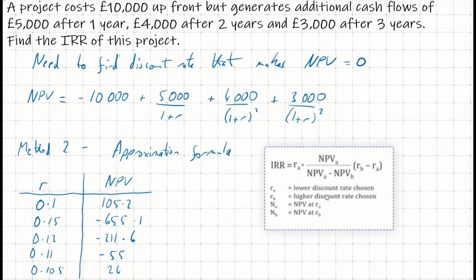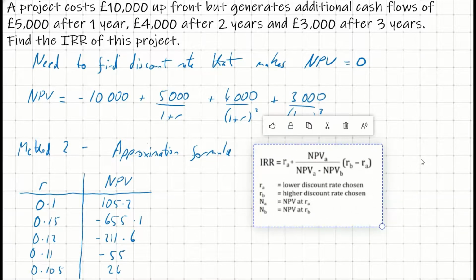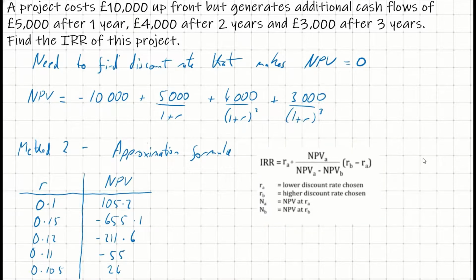It looks a bit like this. In order to use this formula, we have to calculate the NPV for two different values of R. So let's use the two that we used before. We try R is 0.1 and R is 0.15. And all we do is plug these Rs and NPVs into the formula.